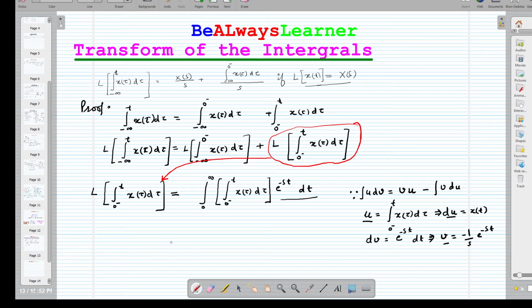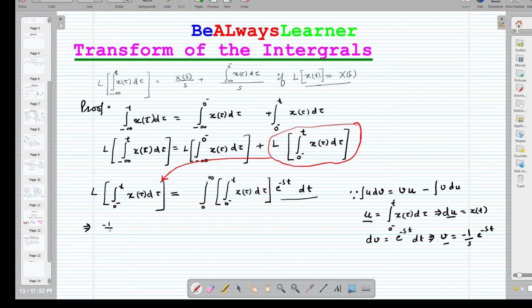Now, using integration by parts, we can write this equation, putting in the values of u and v.